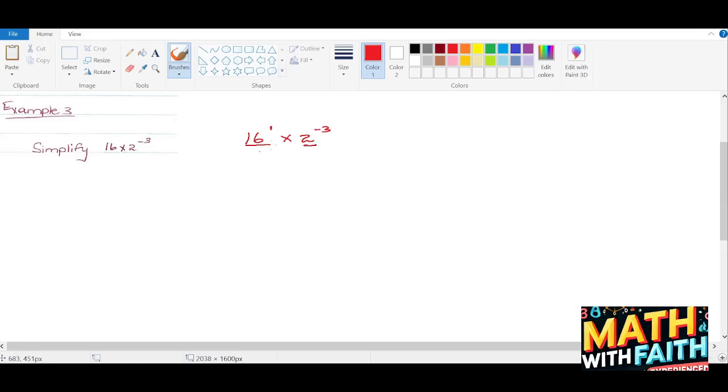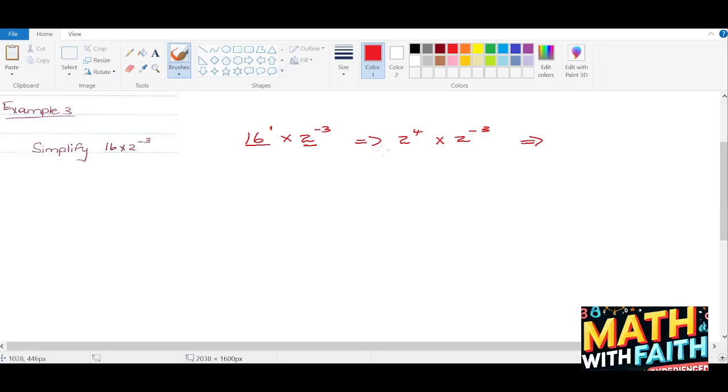So we can bring this to the same base. Let's do that. Because we know that 16 is 2 multiplied by 2, multiplied by 2, multiplied by 2, or 2 to the 4. 2 twos are 4, 4 twos are 8, 8 twos are 16. So 2 to the 4 is the same thing as saying 16 multiplied by 2 to the minus 3. And now we can work this out. I will do it the long way.